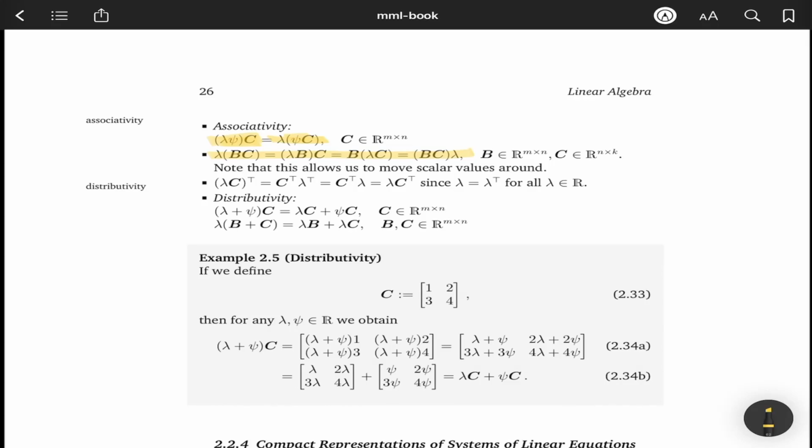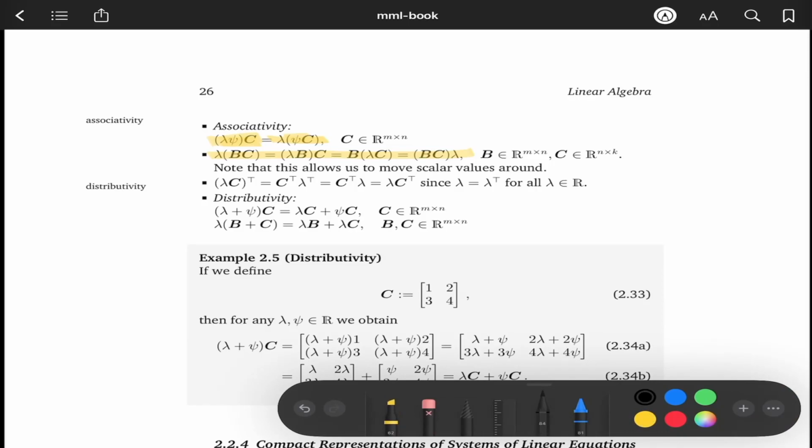Just the order in which you're doing the matrix multiplication is important because the order has to be the same.